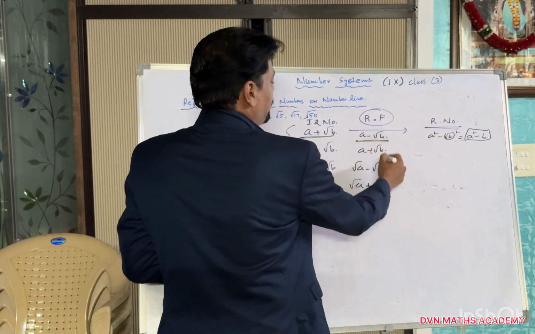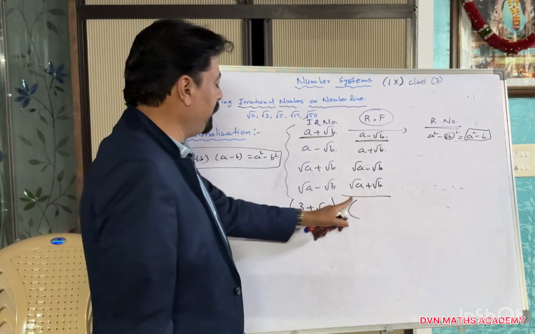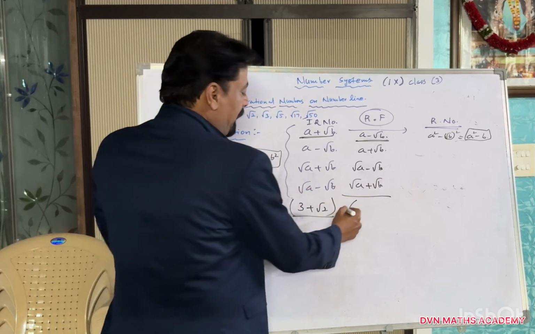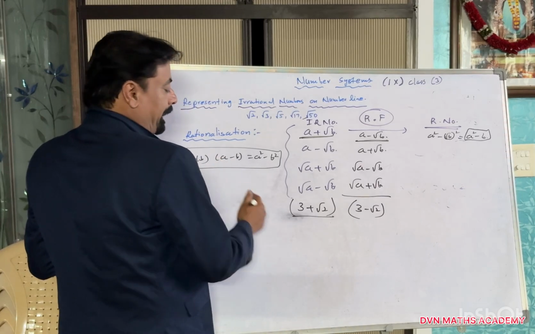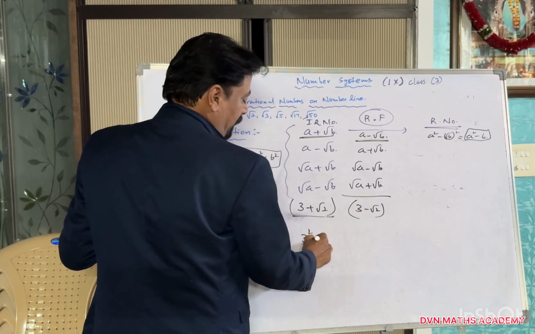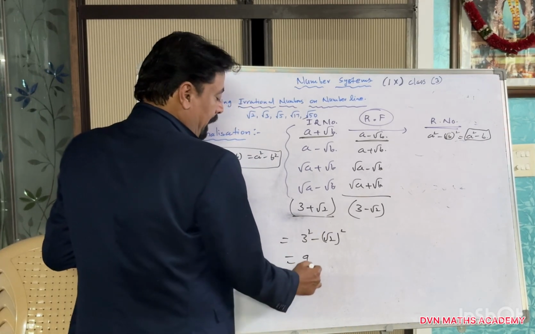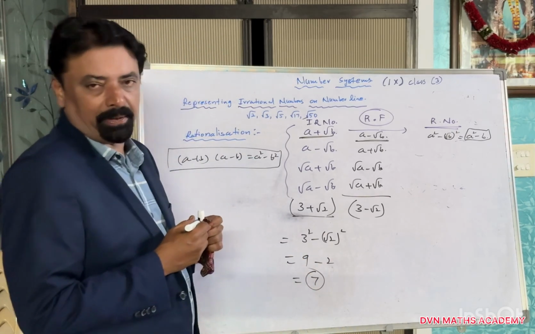The rationalizing factor is a minus root b, so the rationalizing factor of 3 plus root 2 is 3 minus root 2. Using the algebraic identity, 3 plus root 2 into 3 minus root 2 becomes 3 square minus root 2 square. 3 square is 9 and root 2 square is 2, so it becomes 7. 7 is a rational number.